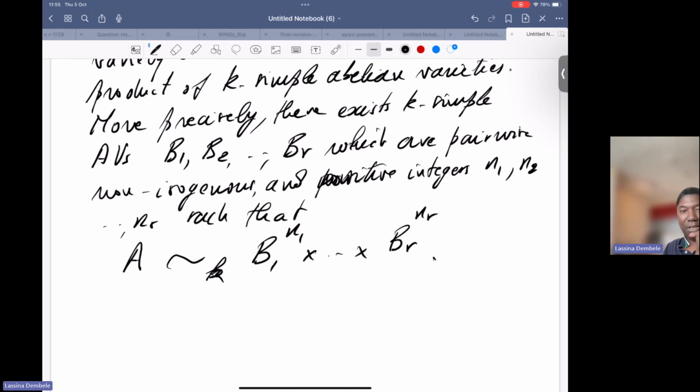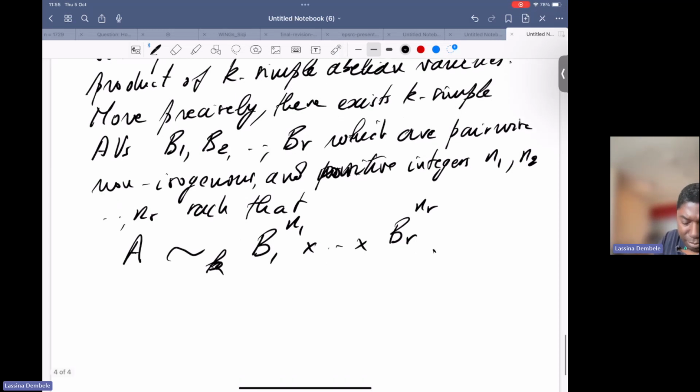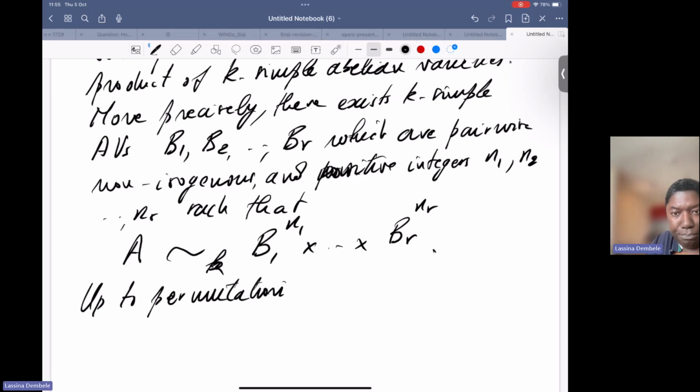So that's the first part of the proposition, and the second part says that up to permutation, this decomposition is unique.